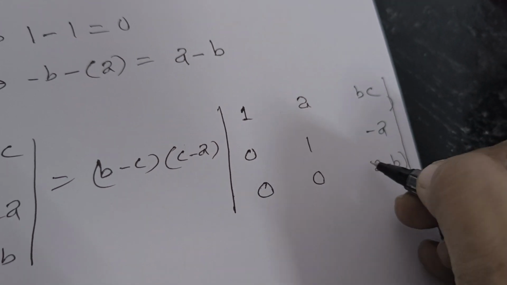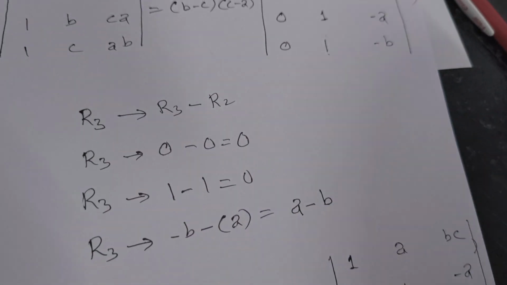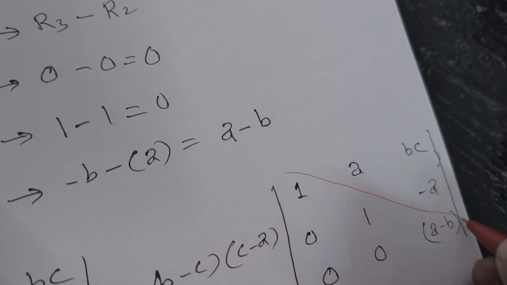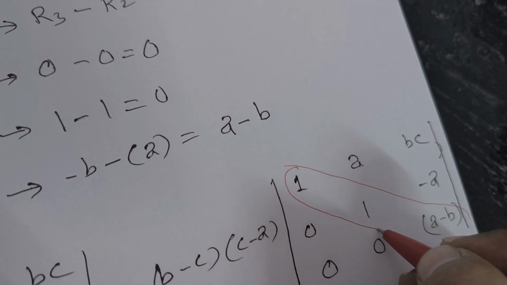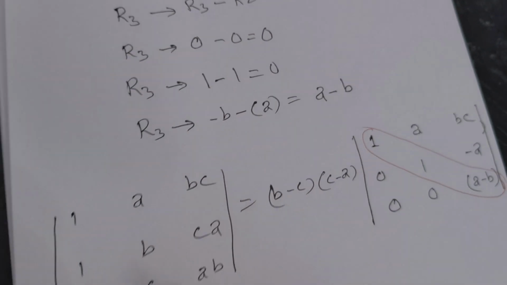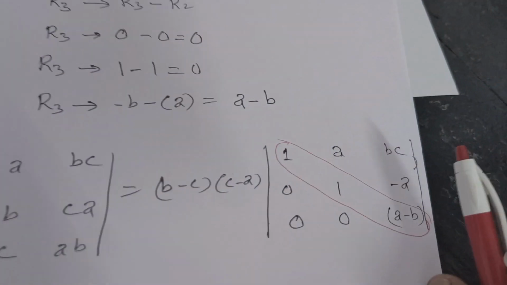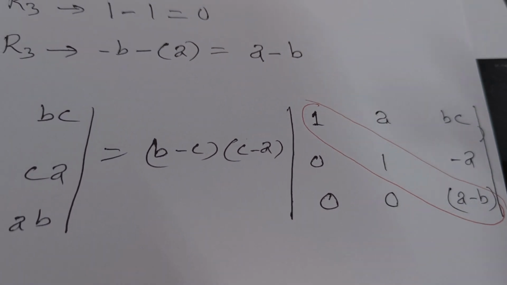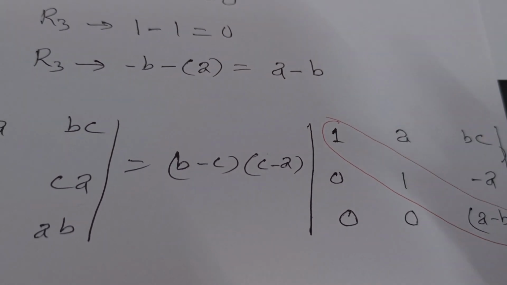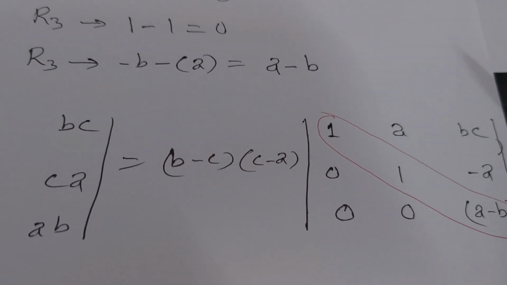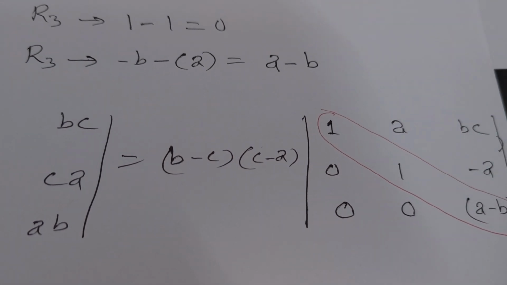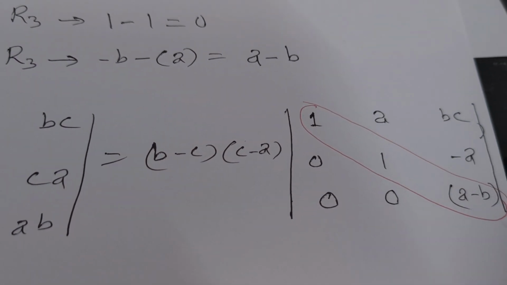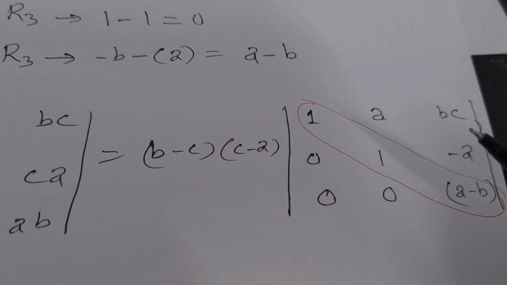Now this is our diagonal. In the properties of determinants we have learnt that when the elements lying below the diagonal or above the diagonal are equal to 0, then the product of the diagonal elements is the determinant value.